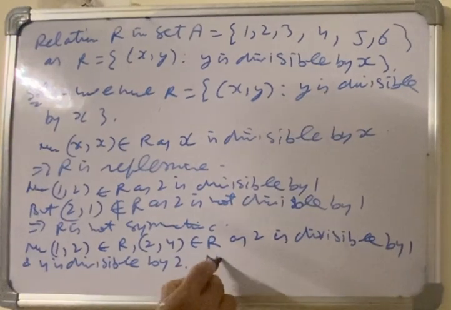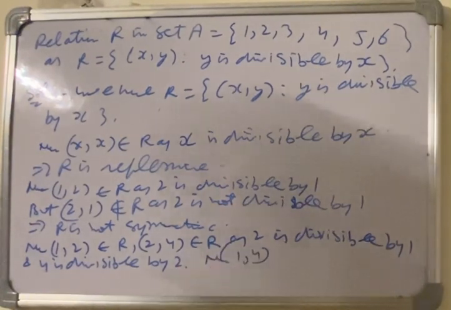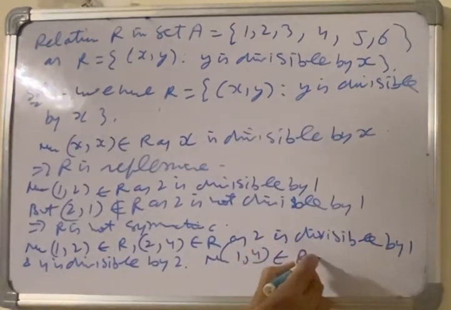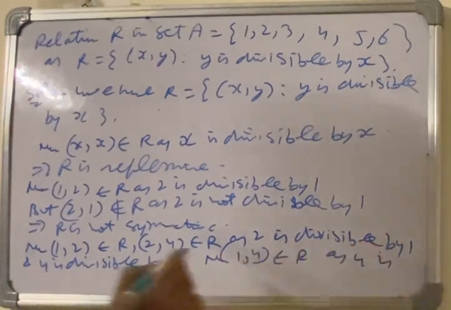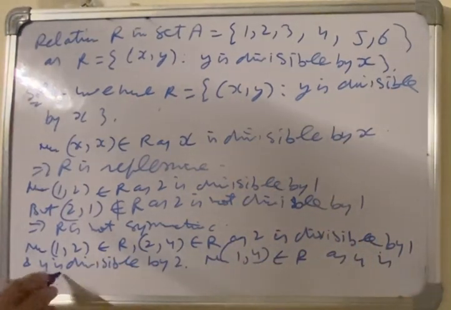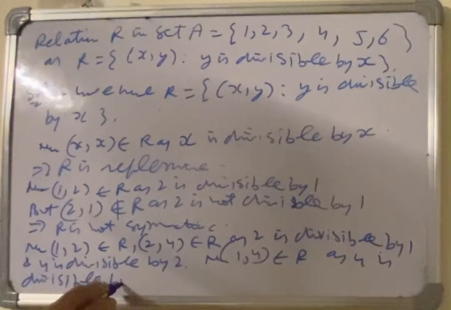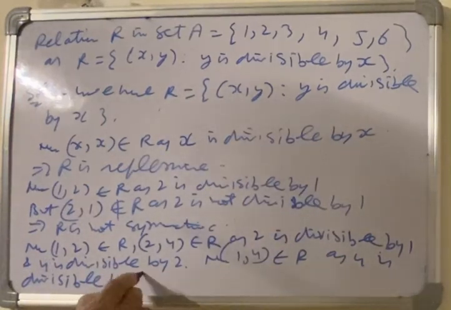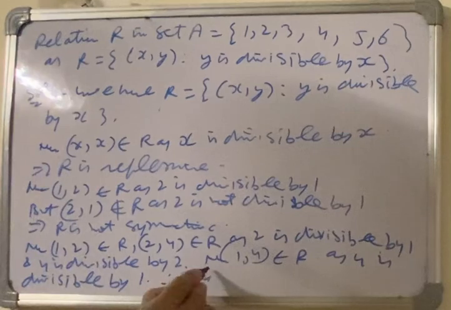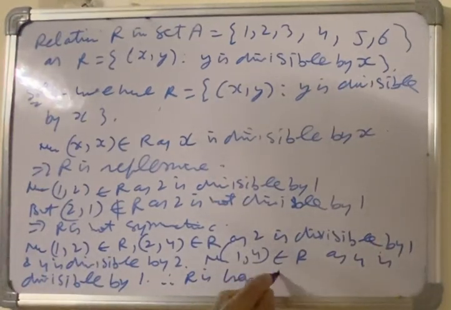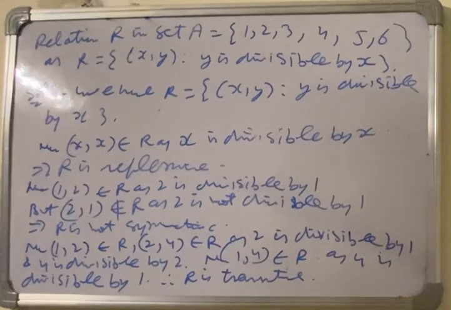Now (1, 4) belongs to R, as 4 is divisible by 1. Therefore, R is transitive. Now here you can see R is reflexive, but R is not symmetric. R is transitive.